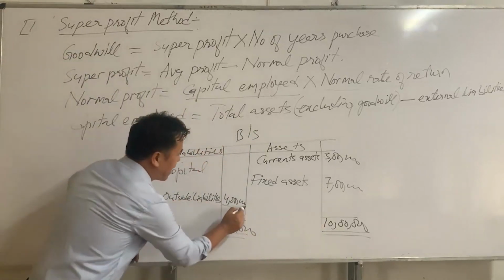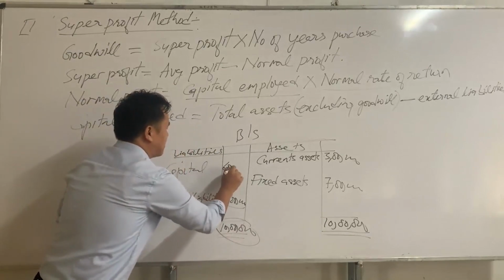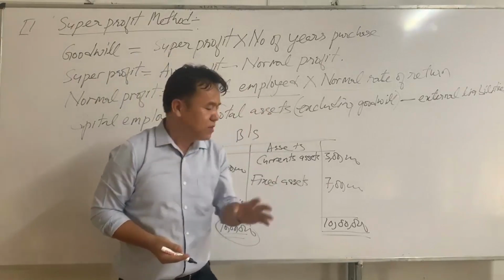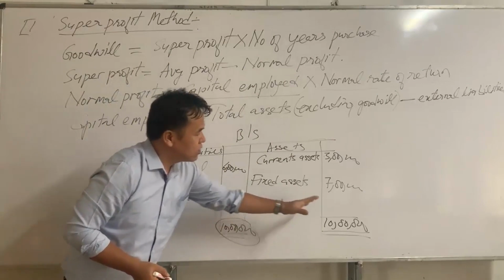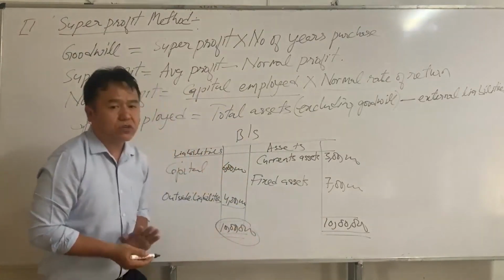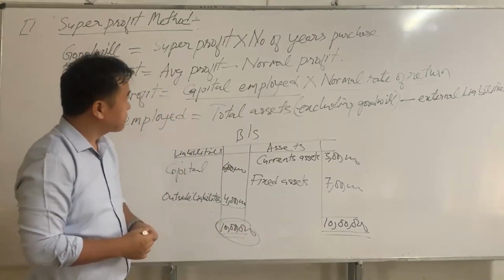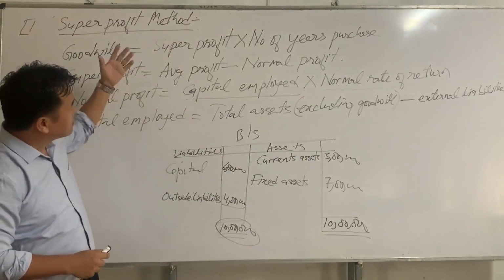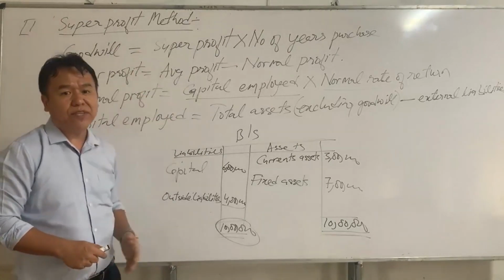If we deduct 4 lakh, we get 6 lakh. So 6 lakh is nothing but capital employed. Is that clear for you? Let us understand this concept with the help of an example.